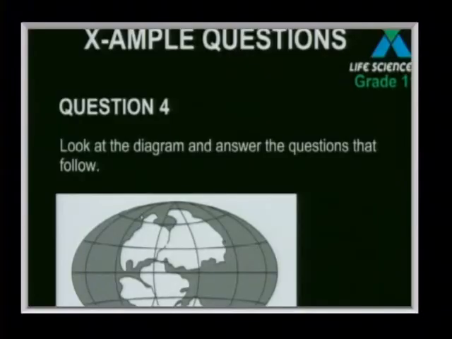It states, look at the diagram and then answer the questions that follow. So as I mentioned to you previously, take a moment and just have a look at the diagrams. There's 1, 2, and 3. So you can see what has happened is that there were various land masses that were grouped together.